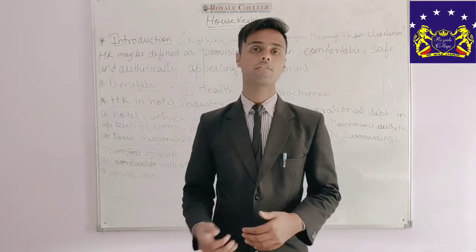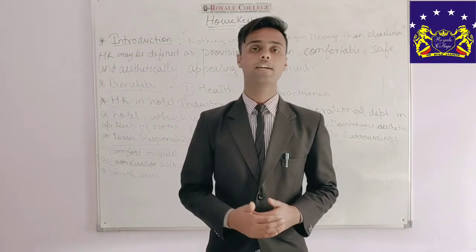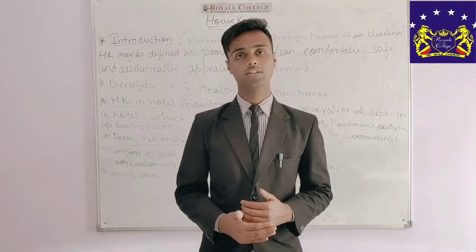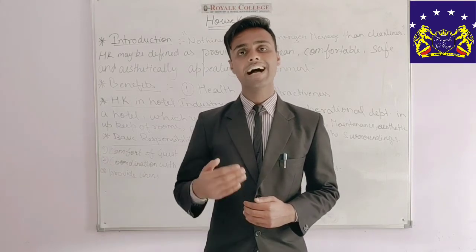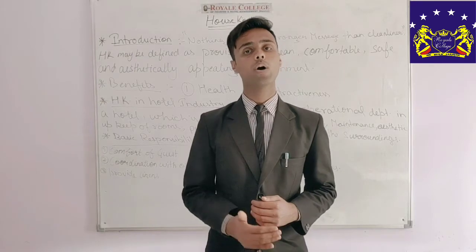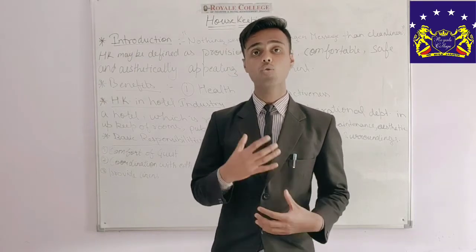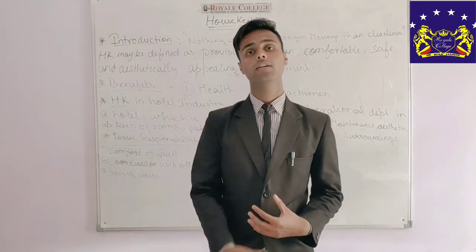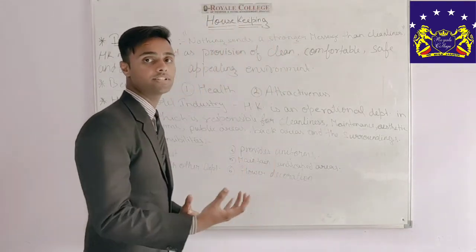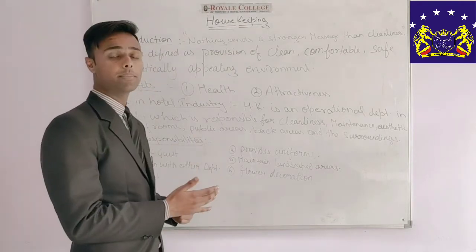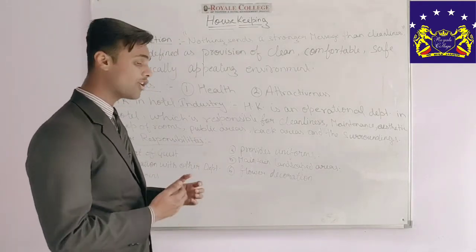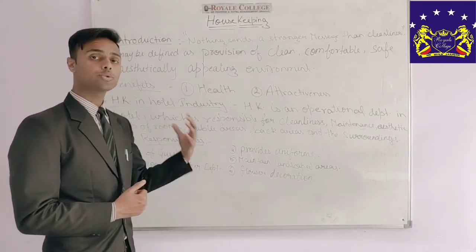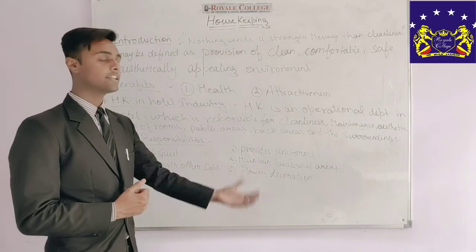In the case of F&B services, they provide linen in restaurants, banquet halls, conference halls, convention centers, business centers, etc. If they don't provide the linen, how will the restaurant or the banquet hall do their business? They won't be able to do that. So housekeeping personnel or the housekeeping department helps other departments to run the hotel effectively and smoothly.